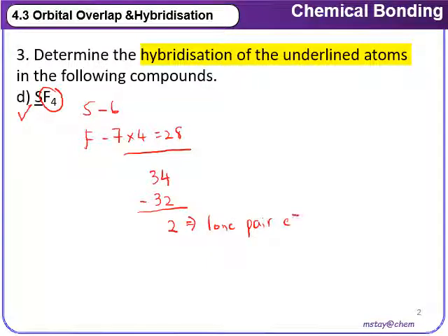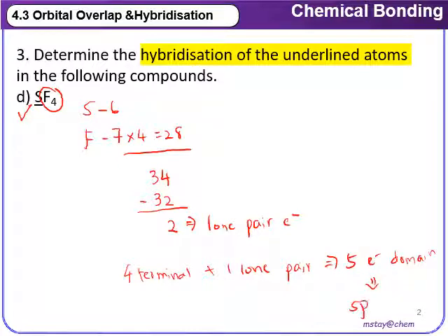So here we know that there are 4 terminal atoms plus 1 lone pair, so we're going to have 5 electron domains. And the type of hybridization will be sp3d2.